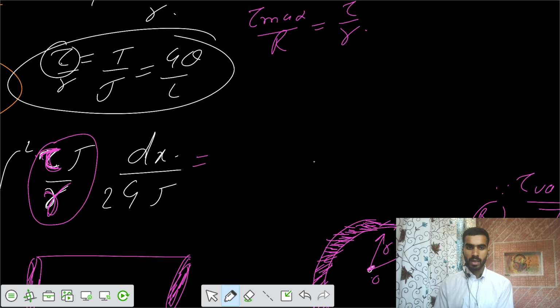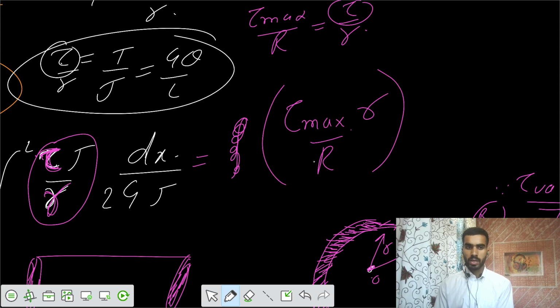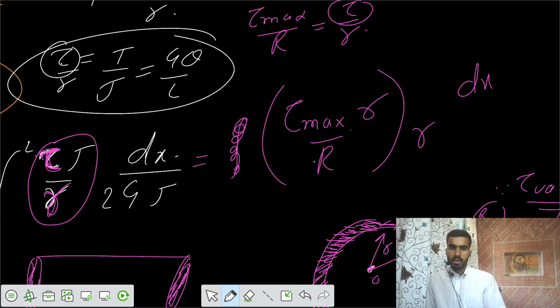So there is tau max divided by R, and you multiply with that r. So you got this value of tau, and you have that r also, and you have that dx, and you have that 2GJ.